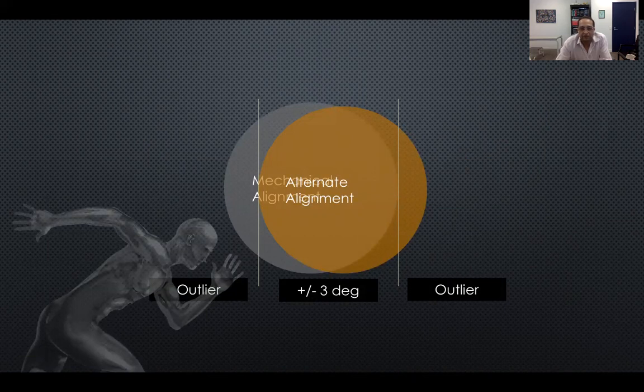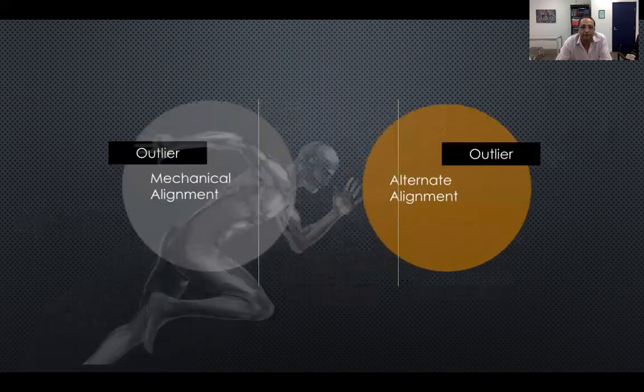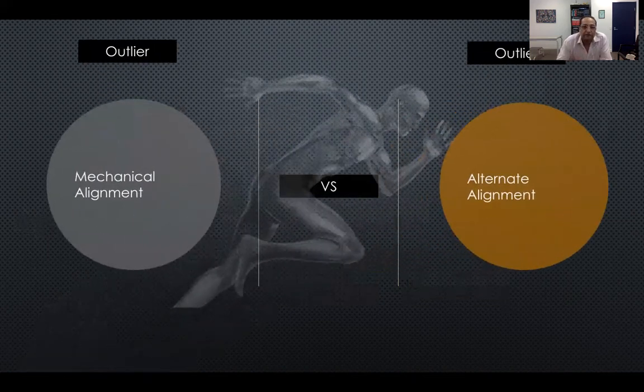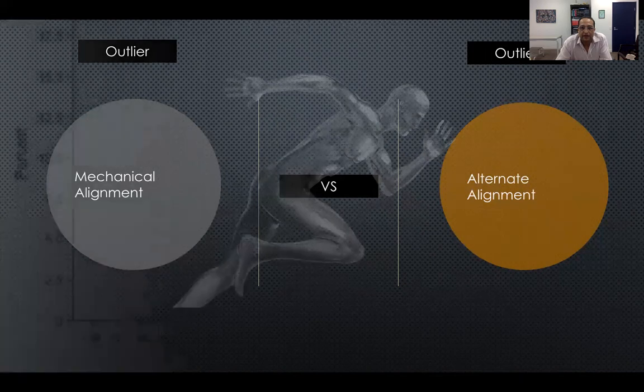So there's about 30% of patients that you would do in a mechanical who would have outlier anatomy, and 30%, according to Bellemans, would have outlier anatomy for the alternate alignment as well. So if you looked at the outlier patients in each group, this is where I think the efficacy or the effect of alternate alignment techniques comes into play.